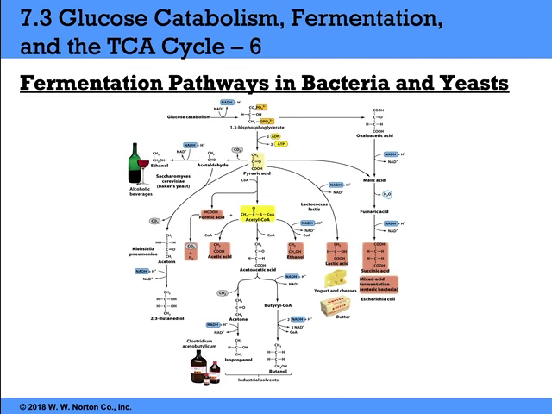Okay, and then those byproducts, be it alcohol or lactate, can end up being utilized later, or they can be siphoned off as products for use in things like making beer or bread or yogurt. Okay, you can see in the fermentation pathways some of the products that can result.